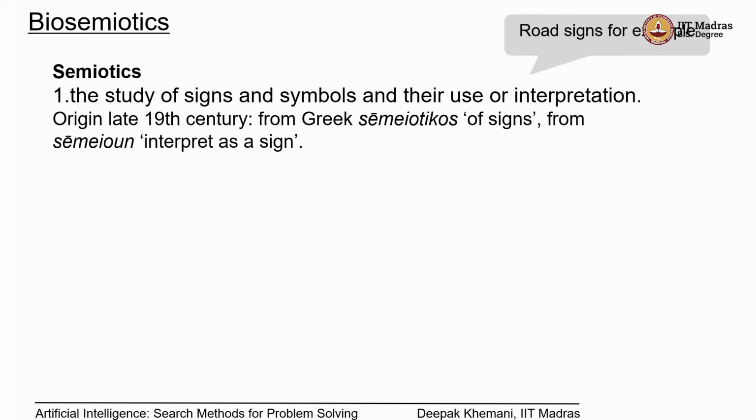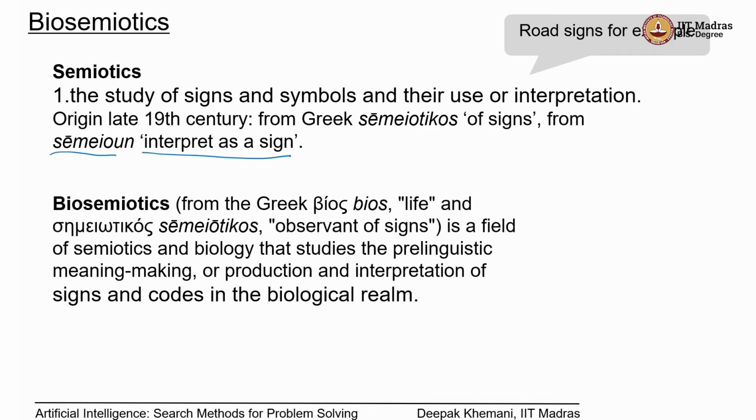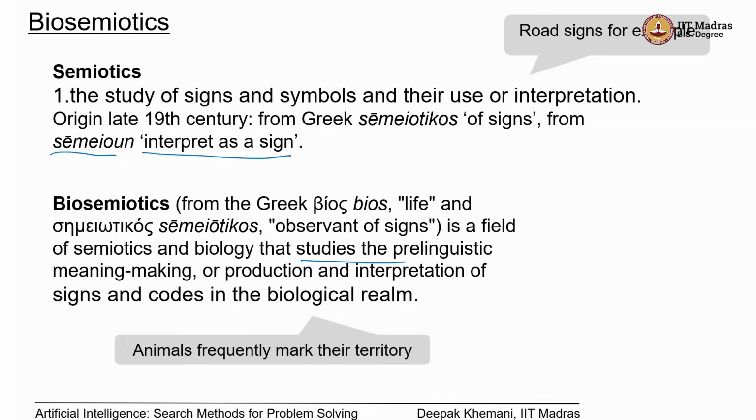It comes from the Greek word which stands for interpreting as a sign. It is a field of semiotics and biology that studies pre-linguistic meaning making, as to how symbols, which are chemical and physical symbols, can be interpreted as meaning by other life forms. So that's why the word biosemiotics.